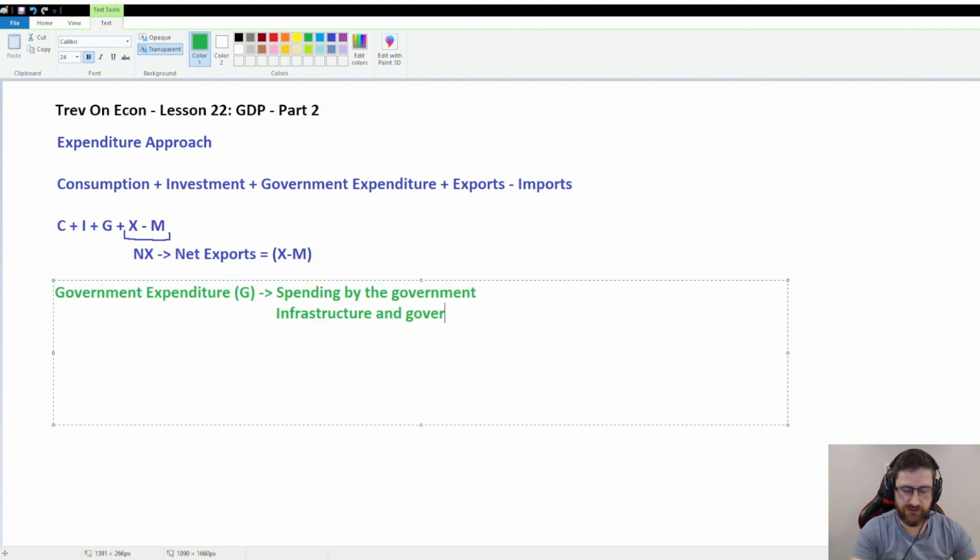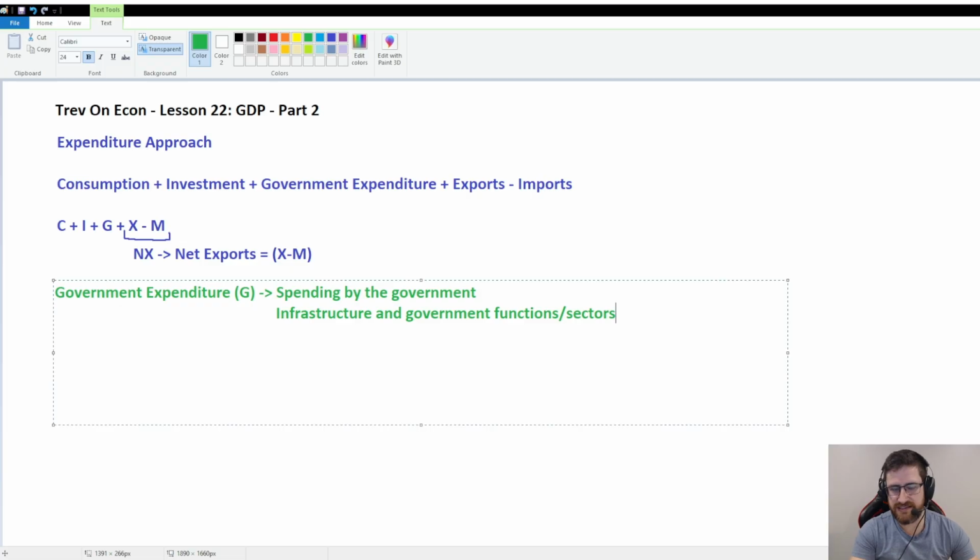And government functions sectors. So like things for the military or things for public service workers, anyone who, again, works under that government umbrella, any money they are spending falls into government expenditure. All right.